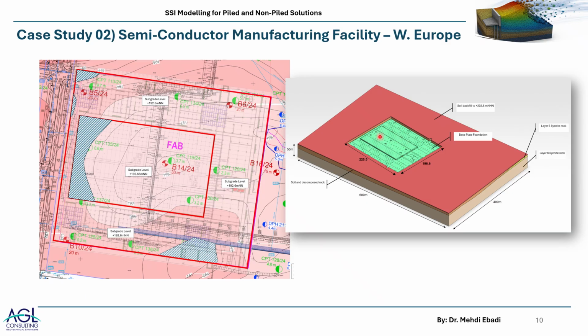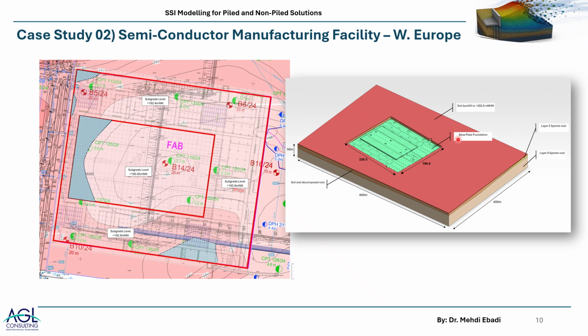The thing was that in this project, as you can see in terms of the dimensions, this foundation was 226.5 meters long in 196 meters wide. And the model that we have used for this, because the loads compared to the dimensions were not that big, we did a sensitivity analysis for that as a high level thing, not for a detailed model.